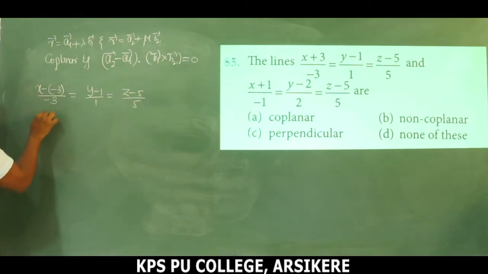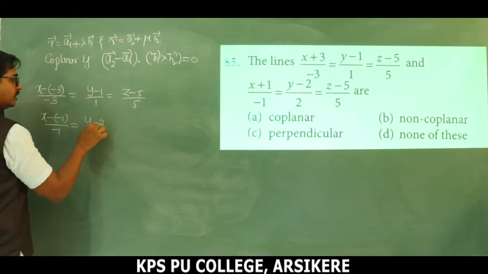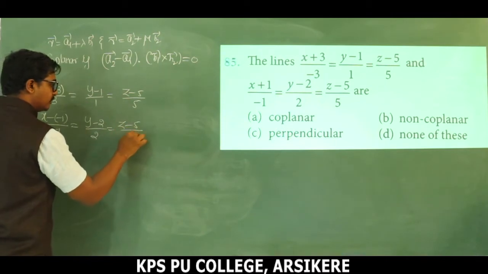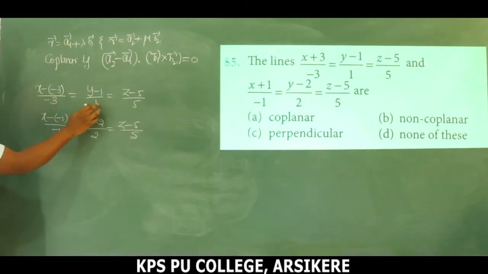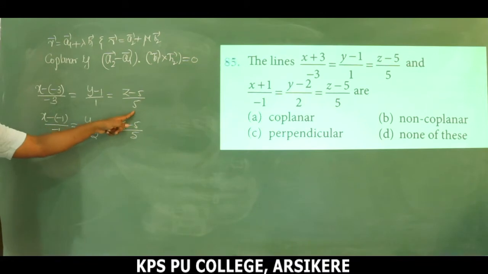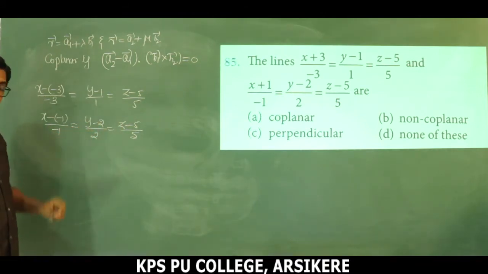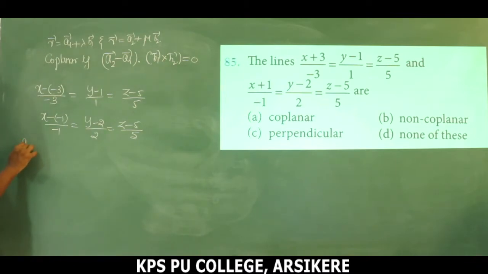And another line, x minus of minus 1 divided by minus 1 is equal to y minus 2 divided by 2 is equal to z minus 5 divided by 5. So these are nothing but a1, a2, a3; they are nothing but vector b1, and this is vector b2. First let's take vector a1. a1 is x1 into i cap plus y1 into j cap plus z1 into k cap.